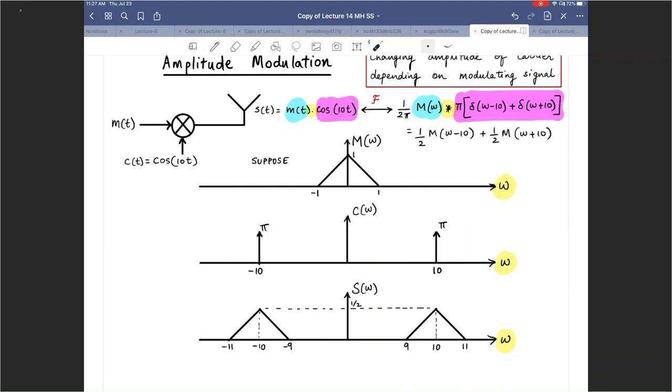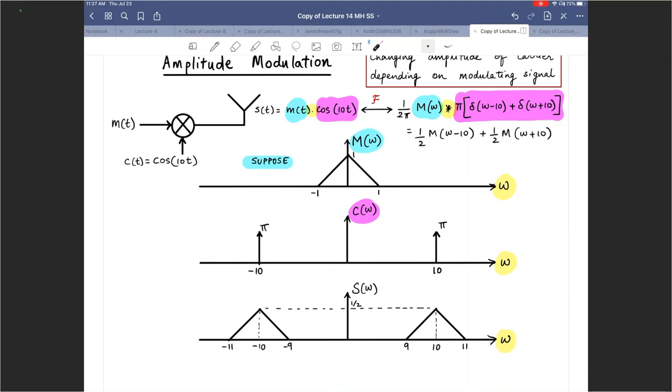When we multiply this with a cosine present at 10 radians per second, what happens? Well, individually, if you take a look, C of omega, which is the Fourier transform of cosine 10t, will be 2 impulses with a weight of pi at 10 and -10, right? So those are coming from the pink piece. And M of omega, I was using blue. Then when I convolve these two, what do I get? Half of it goes up to 10, half of it goes down to -10, right?